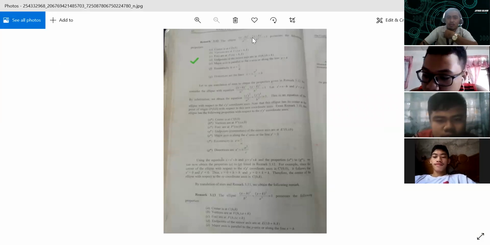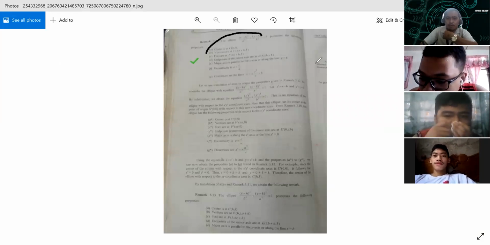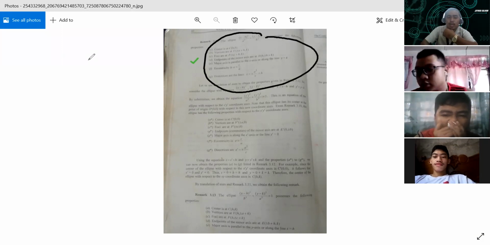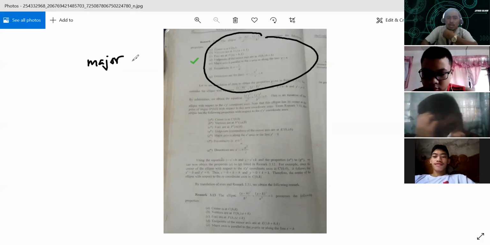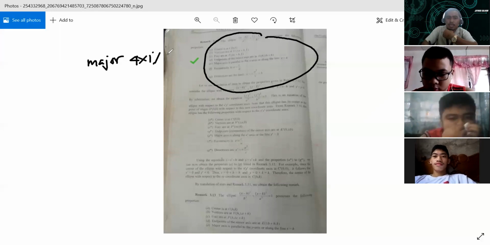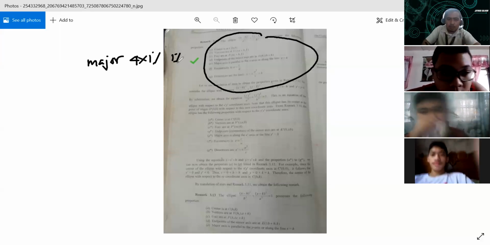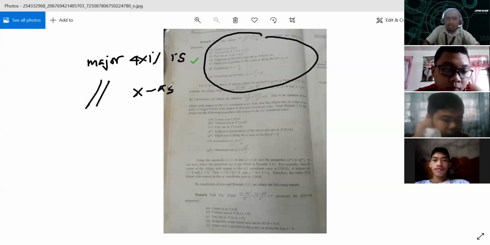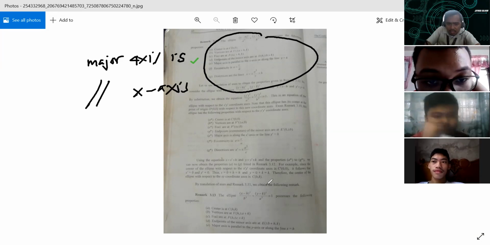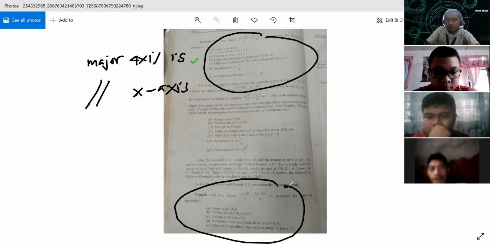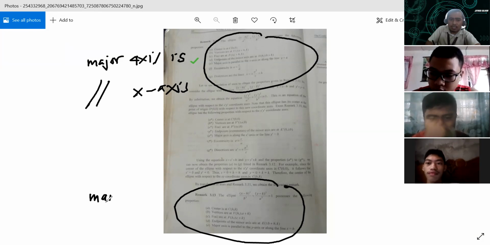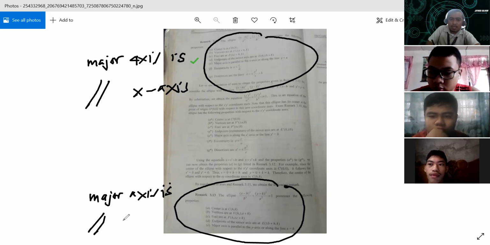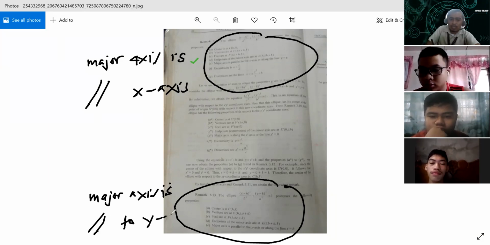This theorem will be used if your major axis is parallel to the x-axis. And this is the theorem that you will be using if your major axis is parallel to your y-axis.